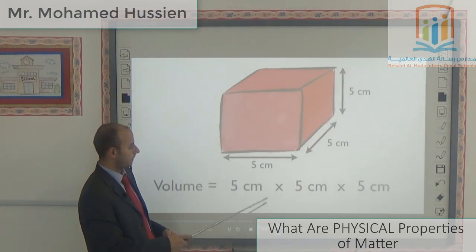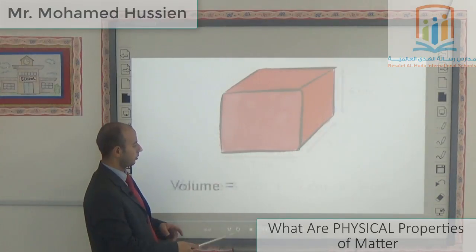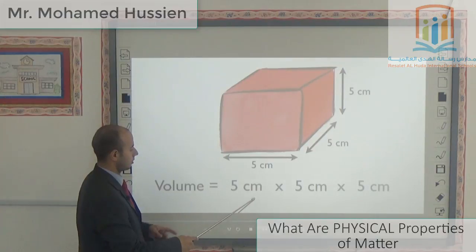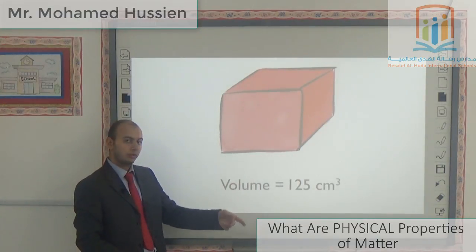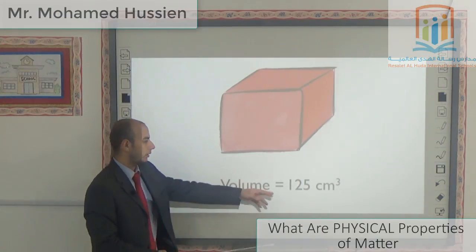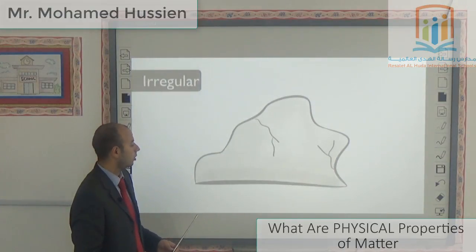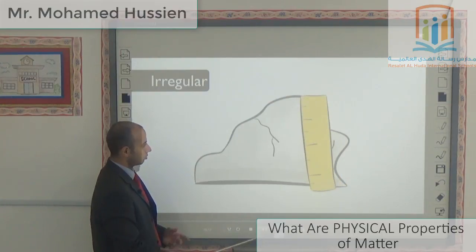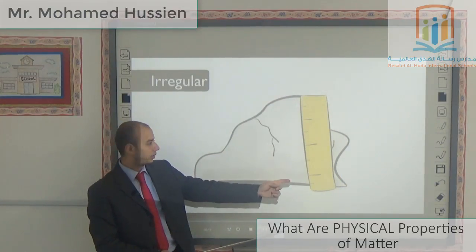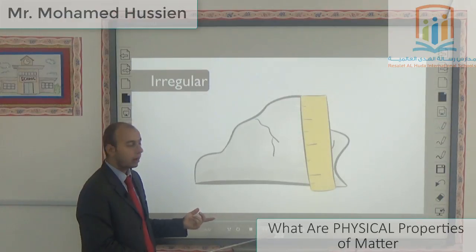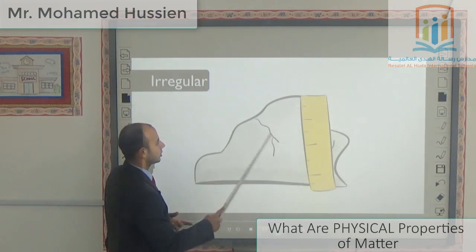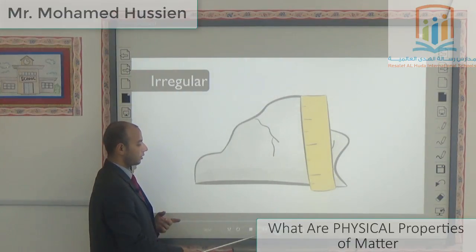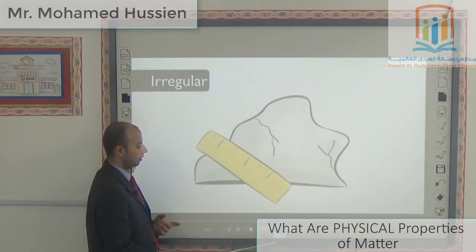You multiply length, width, and height to calculate the volume, and the unit is cubic centimeter. For irregular objects, it's difficult to use a ruler to measure length or width or height. It's curved, not straight, so you use the ruler for measuring a regular one only.